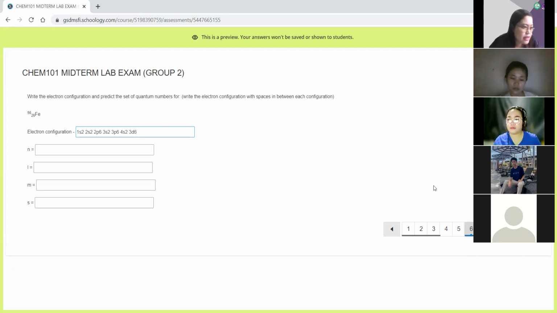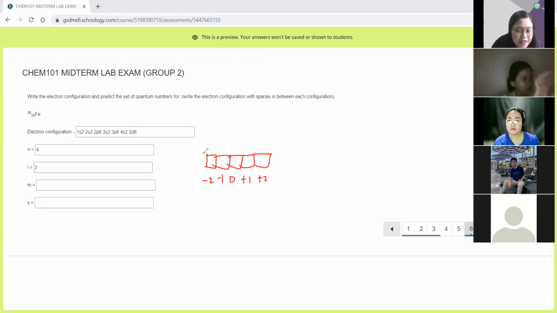So this one is for the electron configuration. Now, the highest number here is 4, so the principal quantum number is 4. And then the last configuration ended with d, and our representative number for d is 2. For d, we have 5 orbitals all in all, with 0 in the middle.